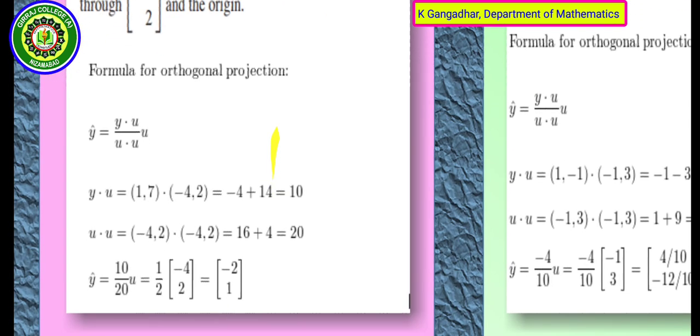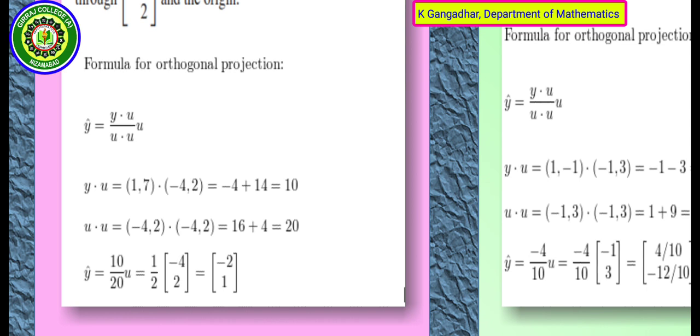The orthogonal projection formula: y cap equals y dot u by u dot u, into u. First, y dot u is (1, 7) dot (-4, 2), which equals -4 plus 14, so we get 10. Next, u dot u is (-4, 2) dot (-4, 2), 16 plus 4, 20.